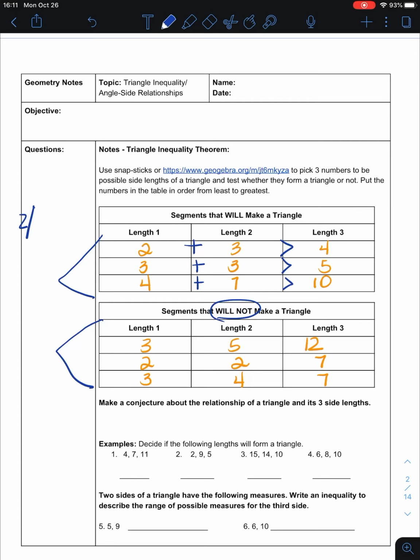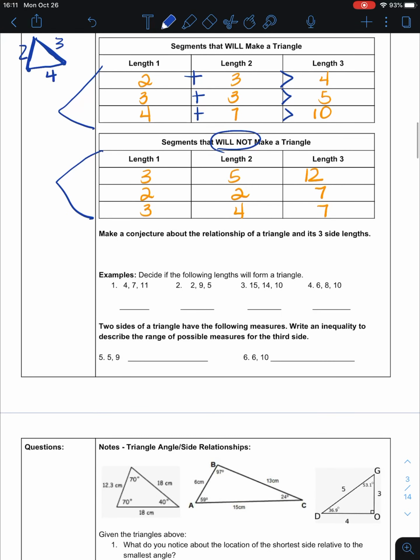So if we have lengths of 2, 3, and 4, imagine a board that was a length of 4, and you nailed a 2-foot board and a 3-foot board on either end and hinged them in. When you fold those in, these two boards are going to hit each other and form a triangle.